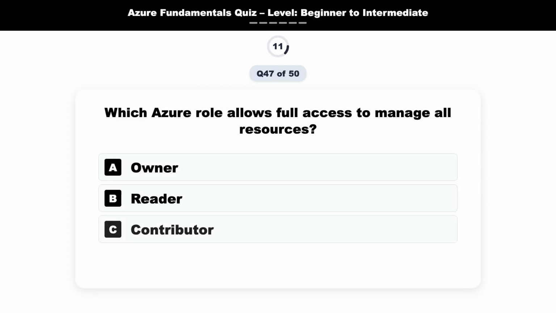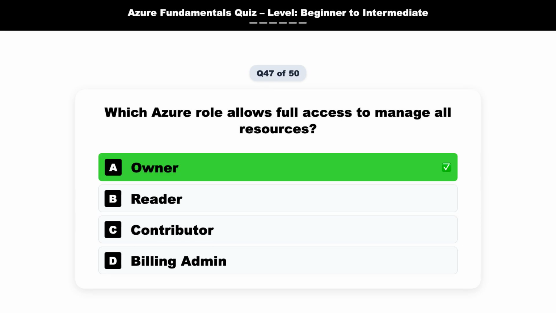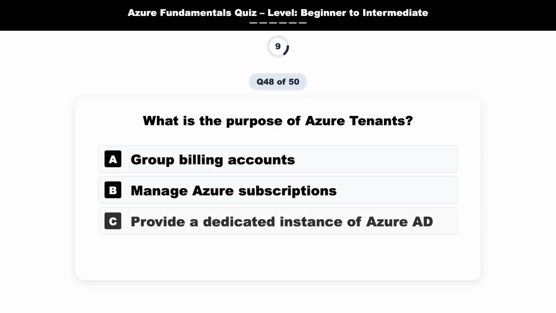Question 47. Which Azure role allows full access to manage all resources? Question 48. What is the purpose of Azure tenants?